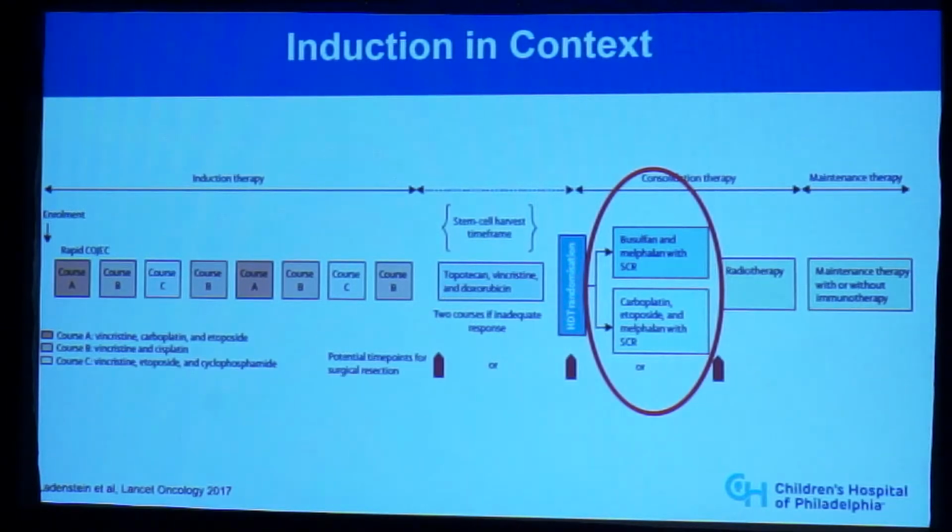So when I think about high-risk neuroblastoma therapy, I think about it as an entirety, and your induction regimen could be quite successful in one setting, but if it's not going to lead your patients to a successful consolidation or post-consolidation, that may not be the best overall regimen. I think all of the cooperative groups around the world are trying to be very cognizant of this fact and ask induction questions, but at the same time ask how those inductions fit with the almost a year of therapy that is going to follow.